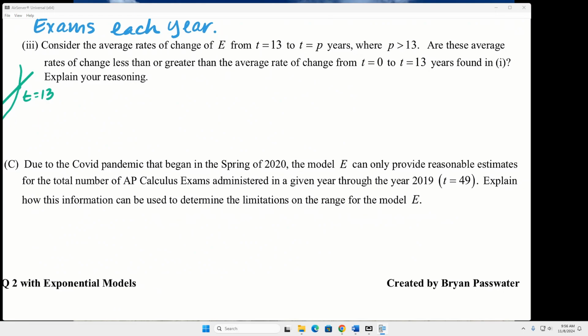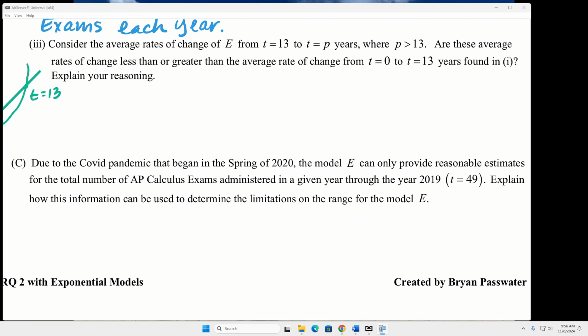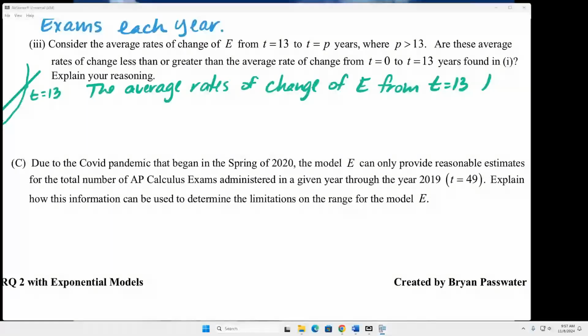So I like to quote the problem so I don't get something wrong. And so I'm going to talk about what we are considering, which is this first part. So the average rates of change of E from t equals 13 to t equals p, where p is greater than 13.